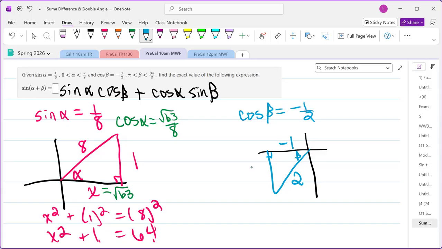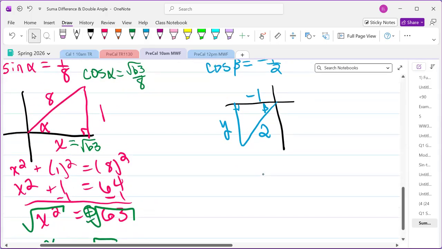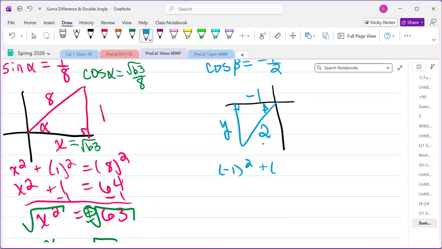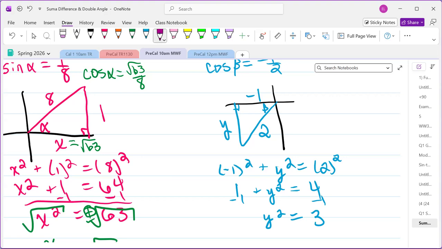And now Pythagorean theorem for that third side. I'll call it y. So -1 squared in parentheses is +1 plus y squared equals 4. And then we minus the 1 and we have y squared equals 3. And then we square root both sides, and we have the plus or minus question.